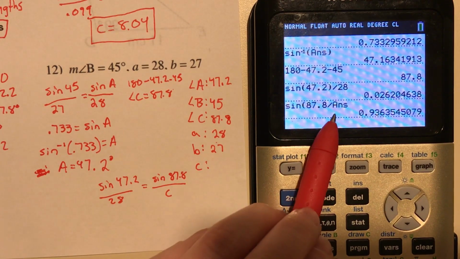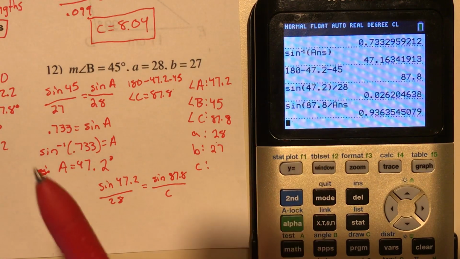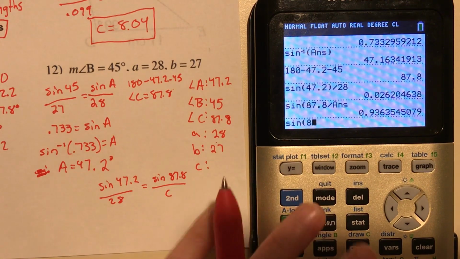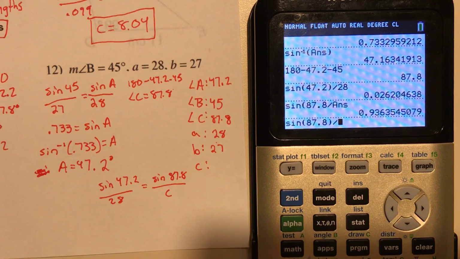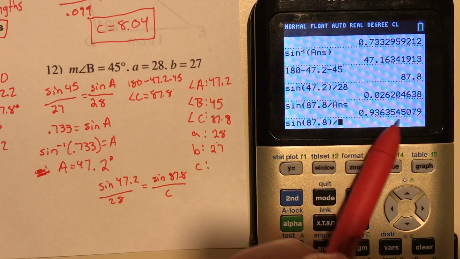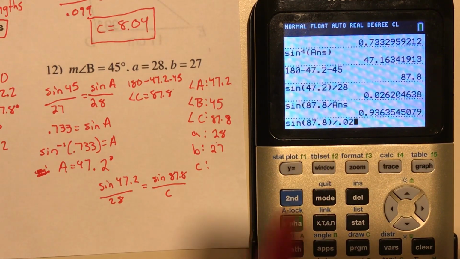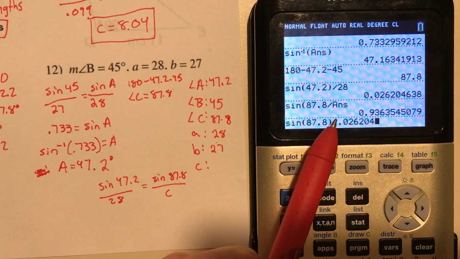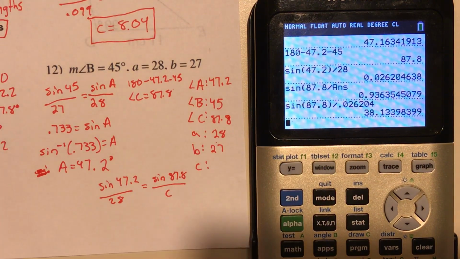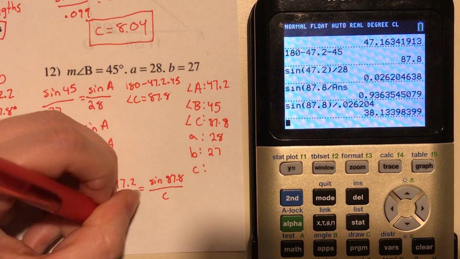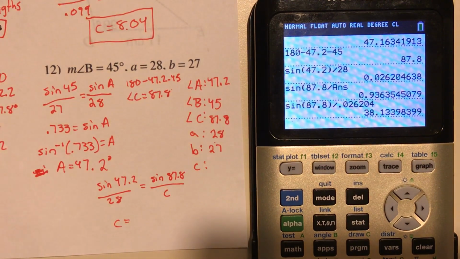I didn't close the parentheses. So we'll try that again. Sine of 87.8 divided by, don't use answer if you make a mistake because it'll use this number. So we had 0.026204, that should be enough. And we get 38.13. So C is equal to 38.13.